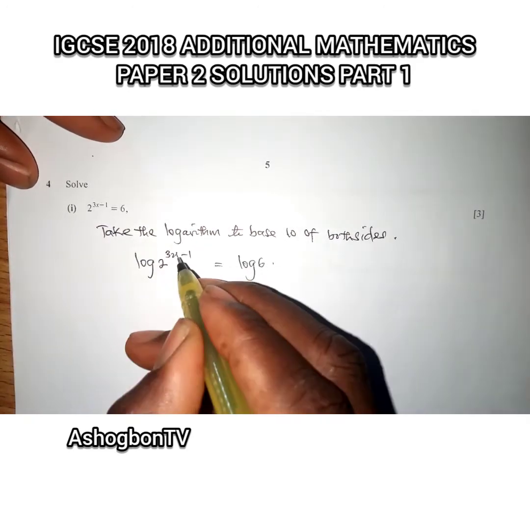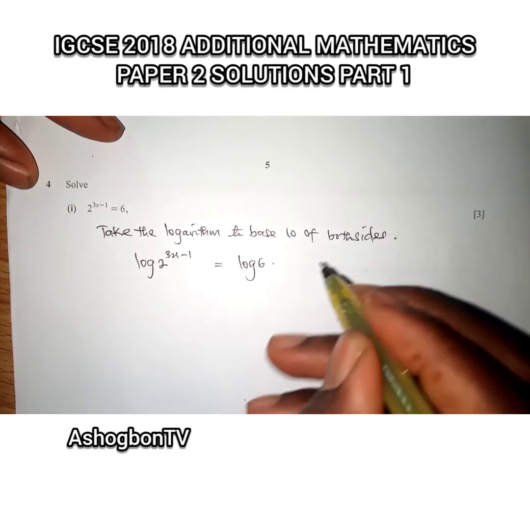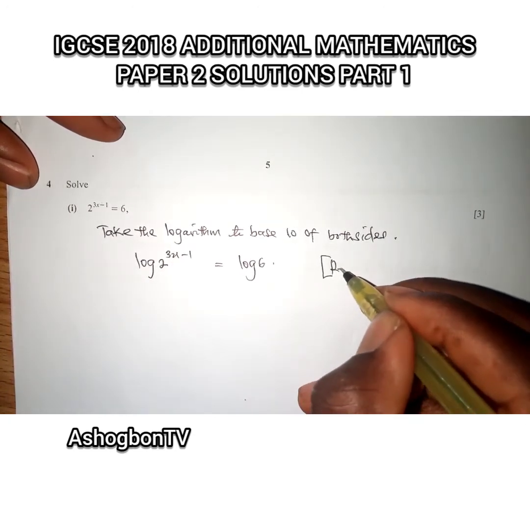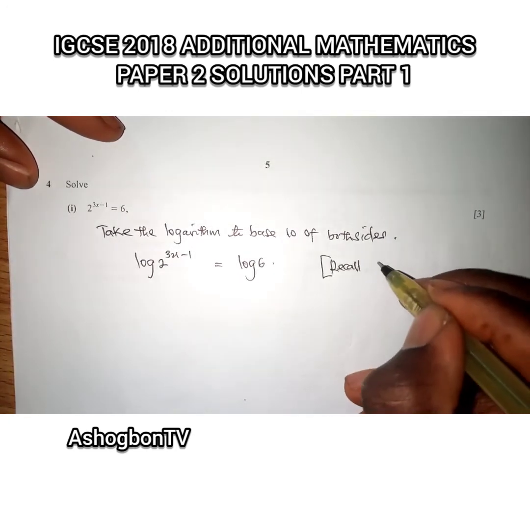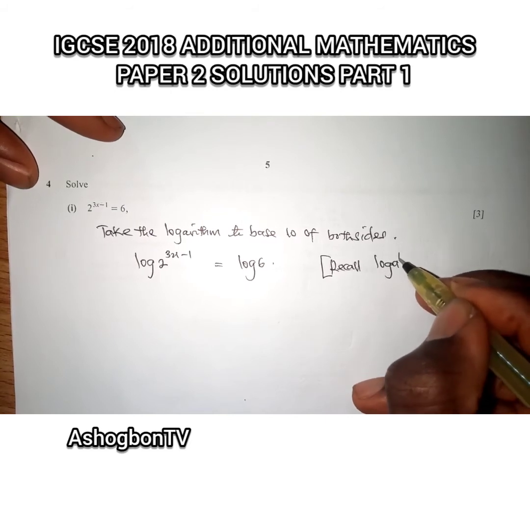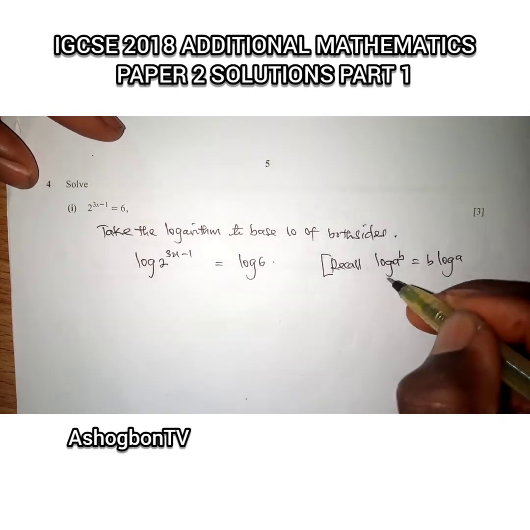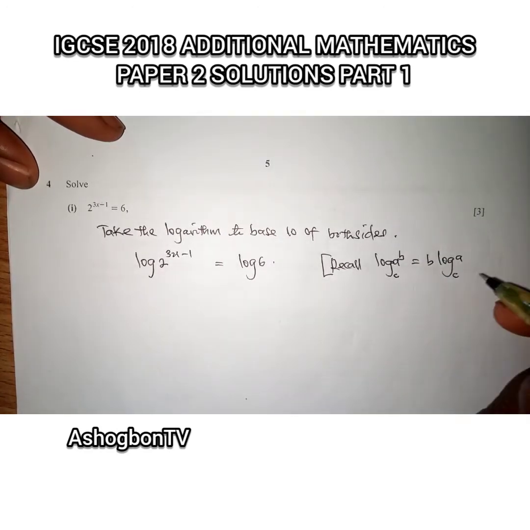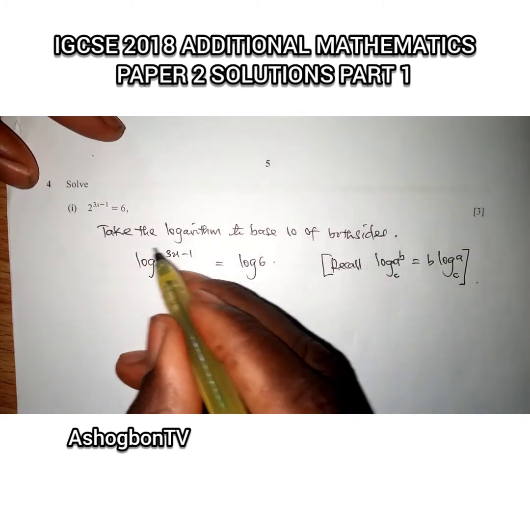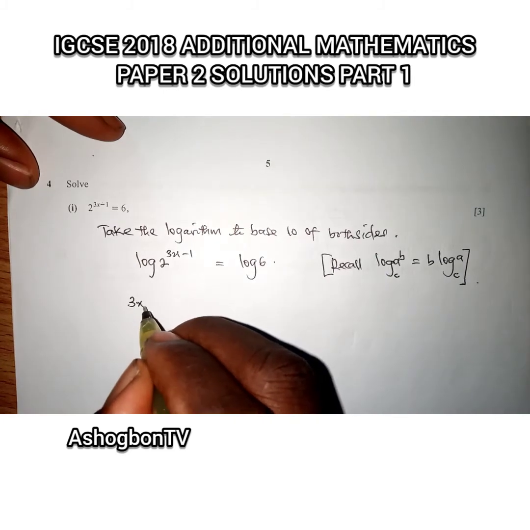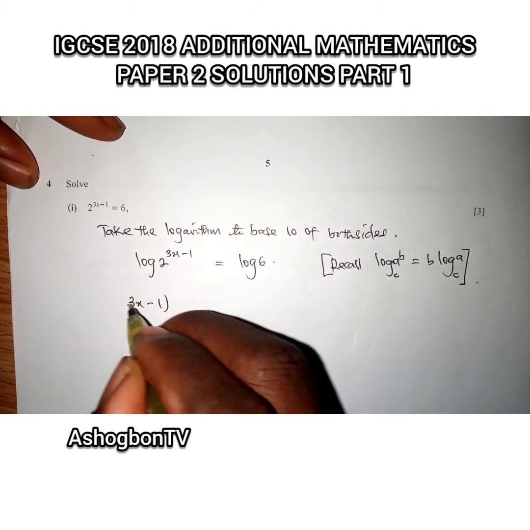And going by the law of logarithm, recall that when you have log a raised to power b, it is the same thing as b log a. Let's just say the base here is base c, so you have 6 here. So close the bracket. So if that is the case, I'm going to apply that here. I'm going to have 3x minus 1 in brackets.